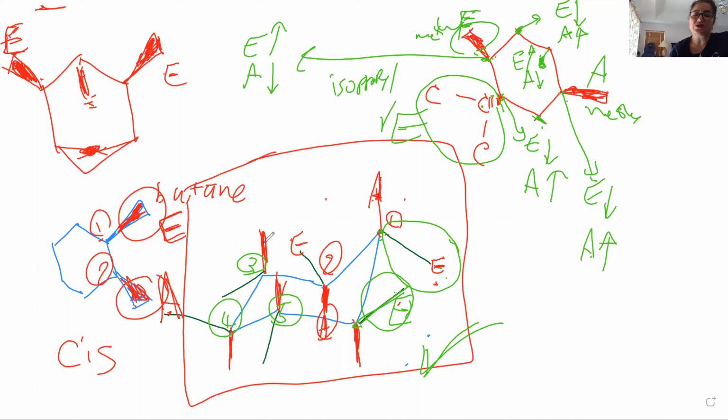Would it be cis or trans? 1,3-diaxial is going to be cis. What about 1,2-diaxial?